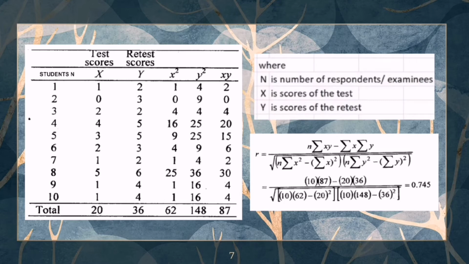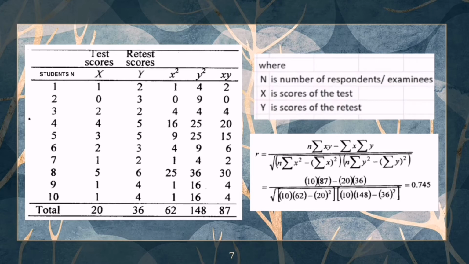So, now let's move on to the formula. The next step is we need to follow the formula. Kung ano yung mga hinahanap sa formula, makikita natin yun sa table na ginawa natin, or sa table na may mga kinumpute tayo.